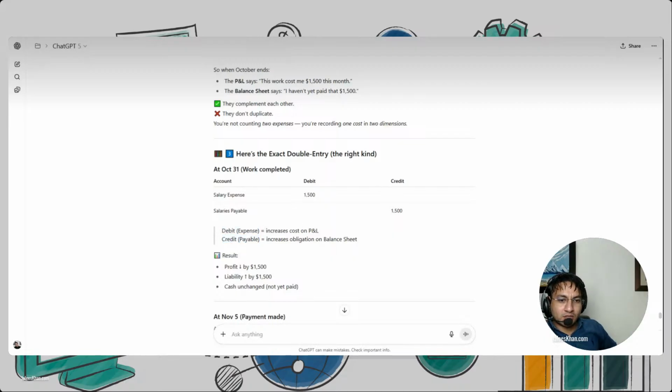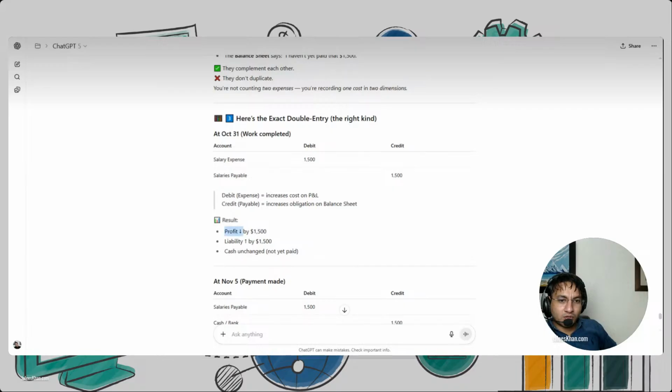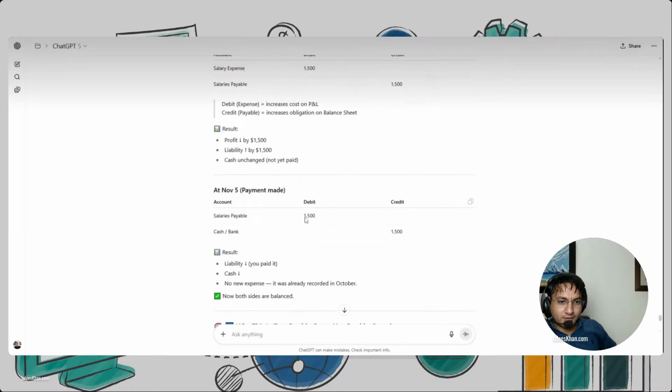Profit goes down, liability goes up. Profit shows in the P&L, liability in the balance sheet. Cash is unchanged: not yet paid but recorded.